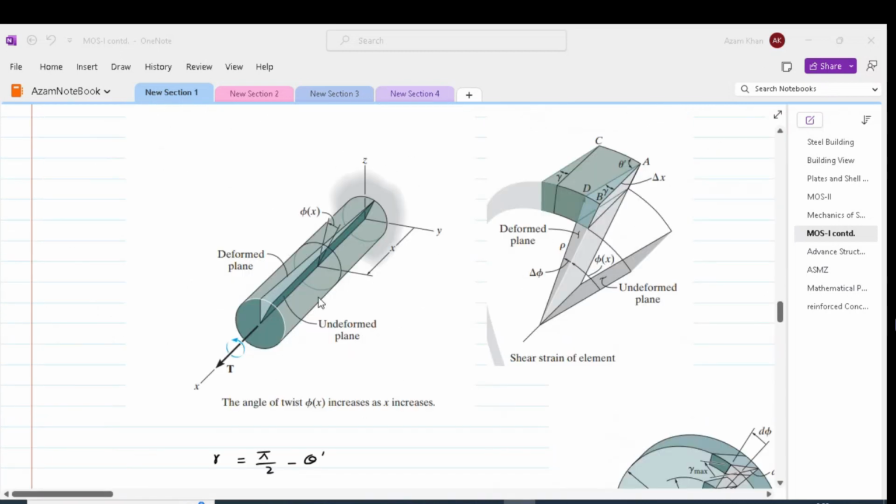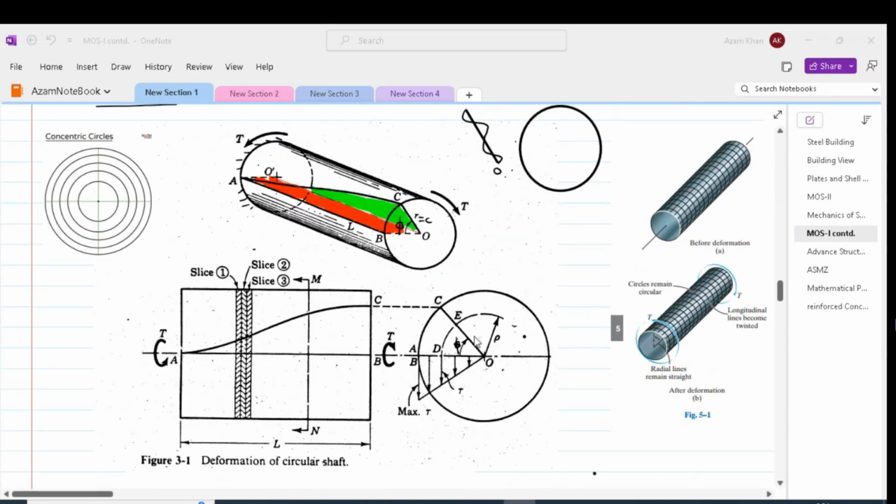This is also shown in this figure where y and z axes define the cross section and x-axis is along the longitudinal axis. As we said, we isolate a small element located at a distance rho from the axis of the shaft. So cross-section wise, it is located somewhere in the middle between the axis and the extreme, which is the radius.